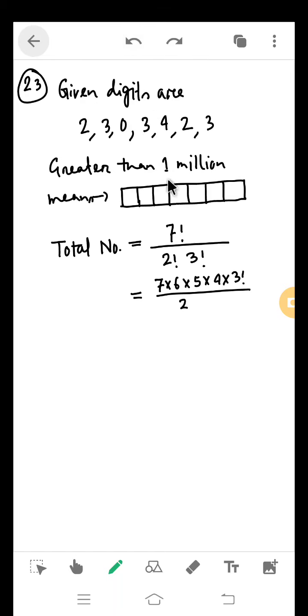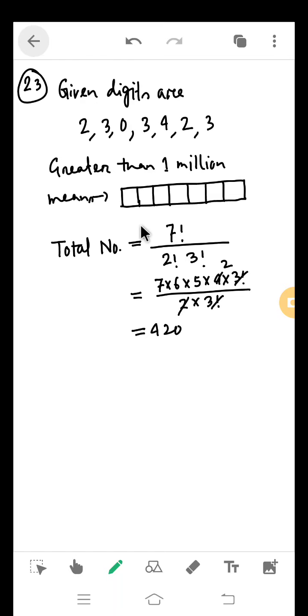You can write 2 factorial as 2. You can cancel 3 factorial, and then dividing 4 by 2 gives 2. So 42 into 10, 420 total numbers you can form.